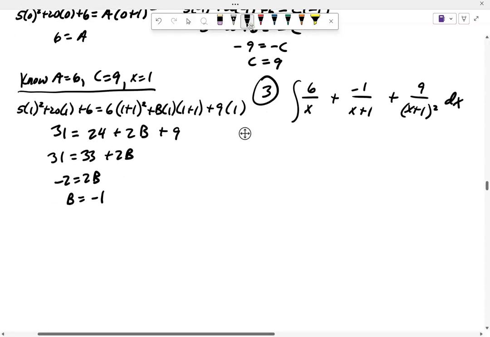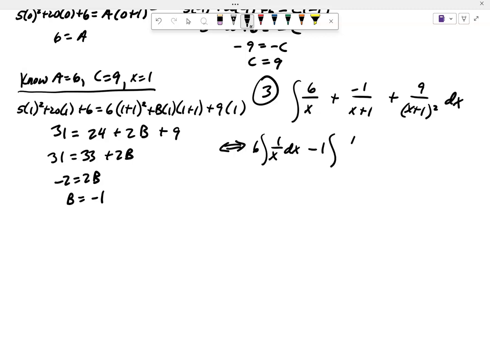And so we've got 6 natural log of x minus natural log x plus 1.